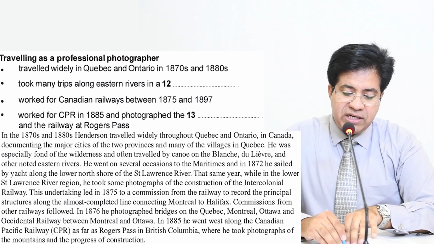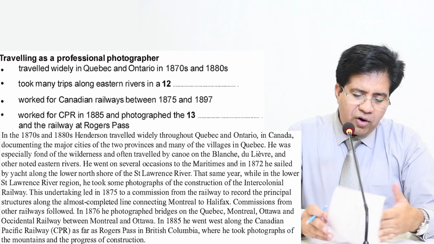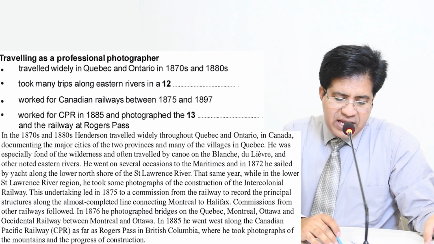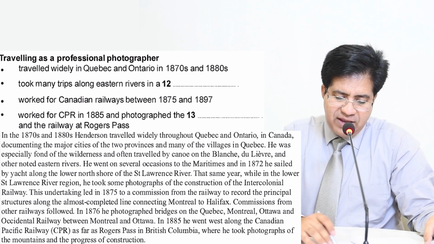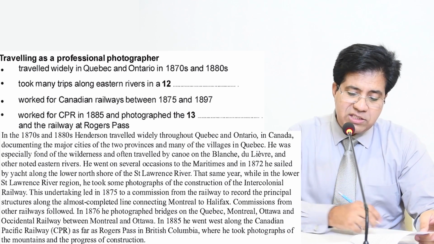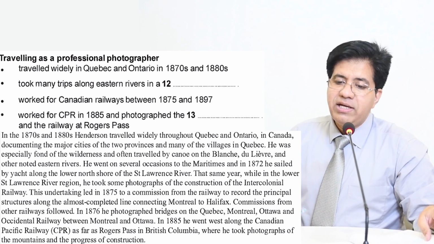Railways. They were constructing the railways. So for progress of construction, they use the word here, railways, at the railway, and along with that he took the photos of mountains. So mountains will be the right answer, okay?